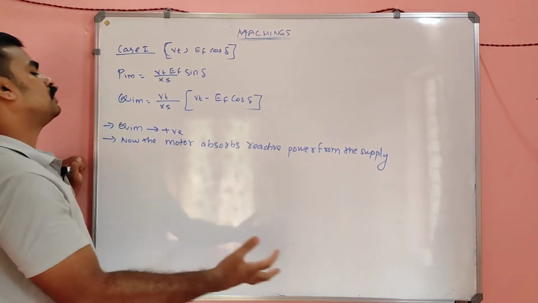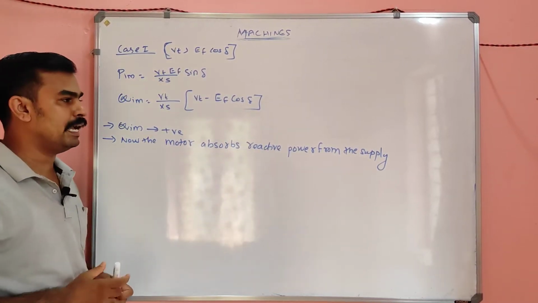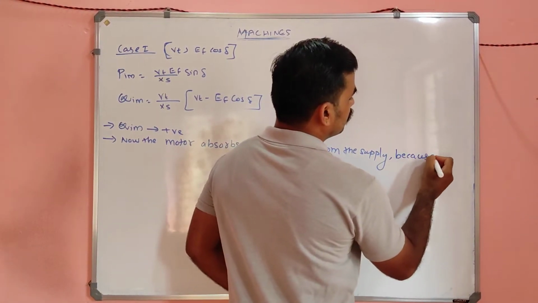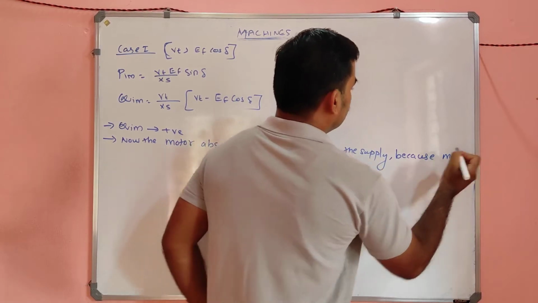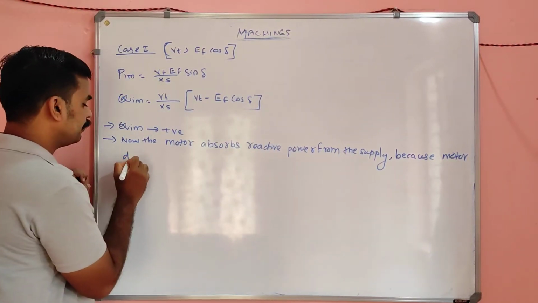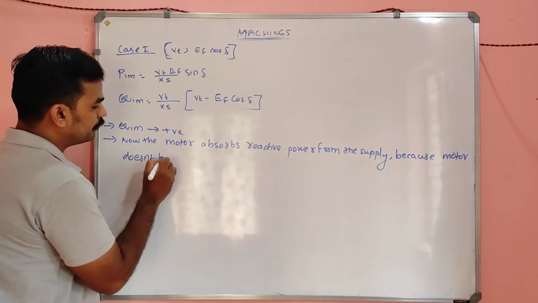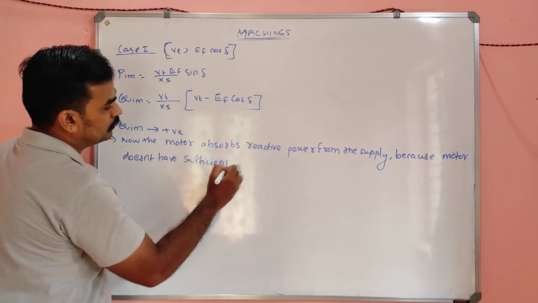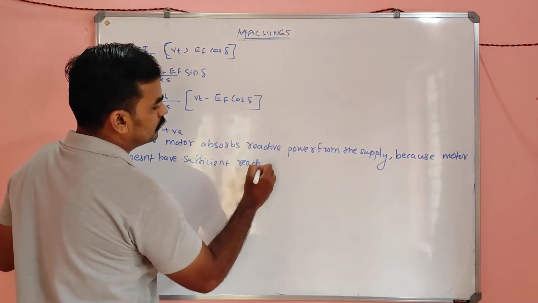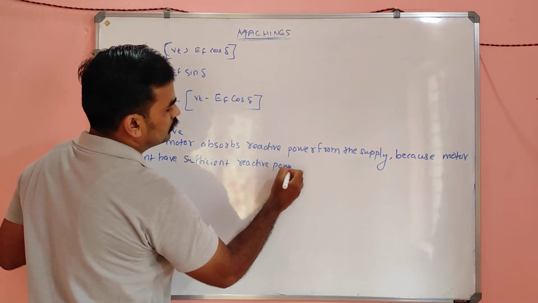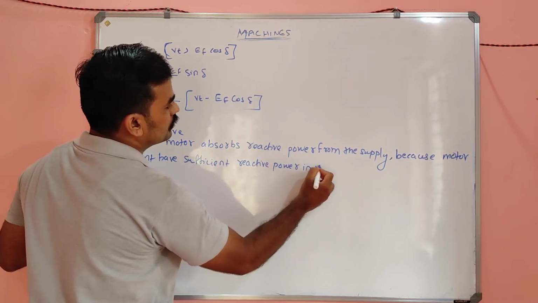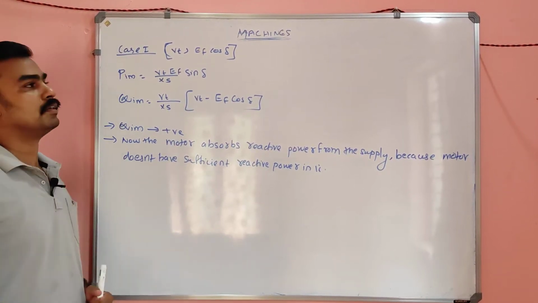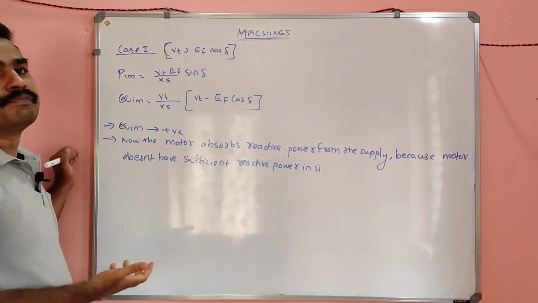So now the motor absorbs reactive power from the supply because the motor doesn't have sufficient reactive power in it. Why does the motor have to absorb more reactive power if Vt is greater than Ef cos delta?